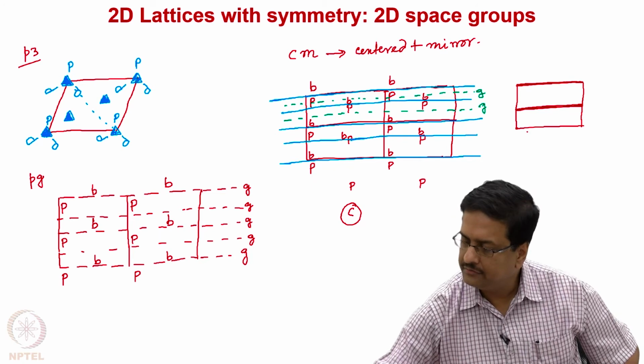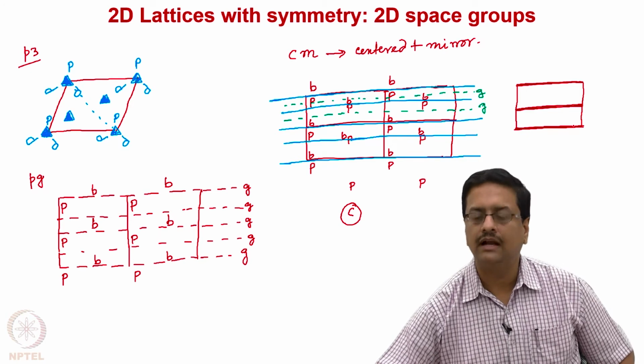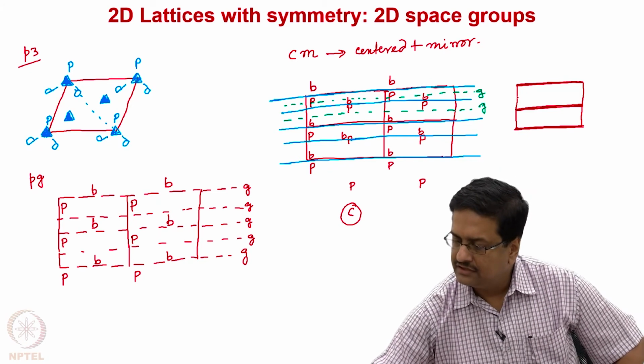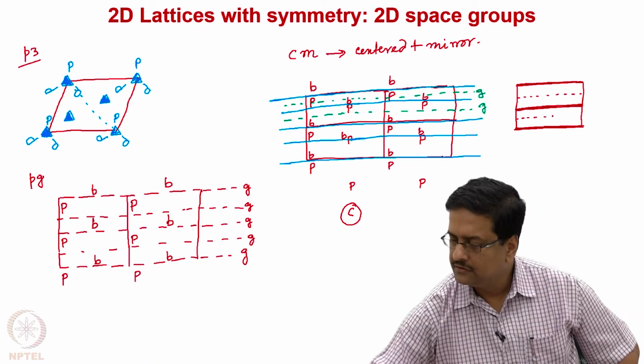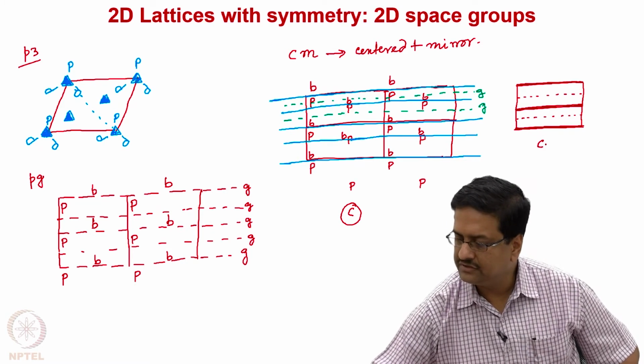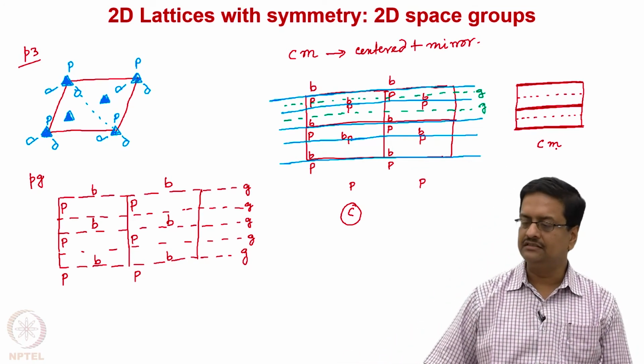As I indicated, mirrors are drawn as bold lines, and the glide planes are drawn as dashed lines. This is the representation of CM with only symmetry elements indicated.